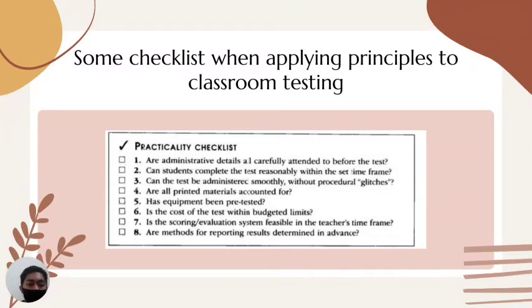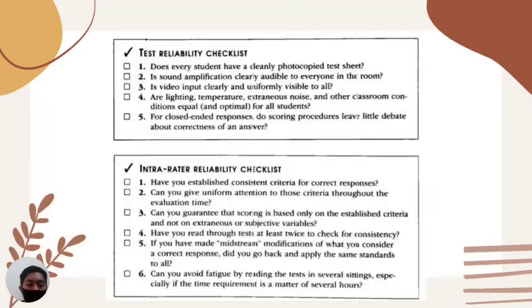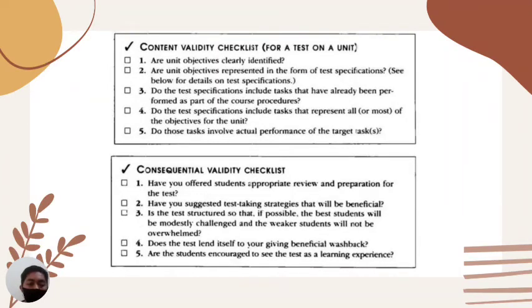The first one is the practicality checklist. The second, the test reliability checklist. The third, the intra-rater reliability checklist. Then the fourth is the content validity checklist for a test on a unit.